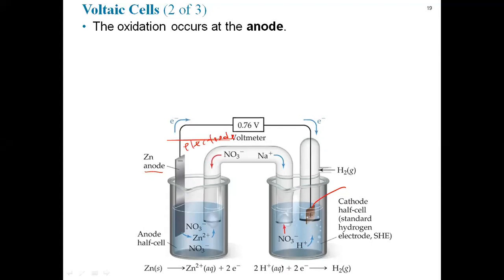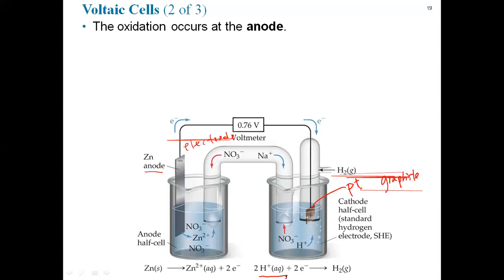In this half reaction, what really happens is the reduction of H plus. So you can use an inert metal like platinum, nickel, or graphite, as long as it's a solid material that can conduct electricity but not participate in the chemical reaction.